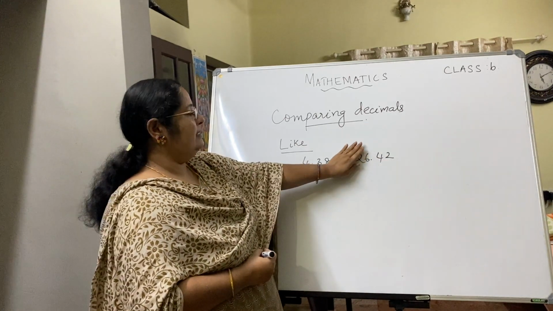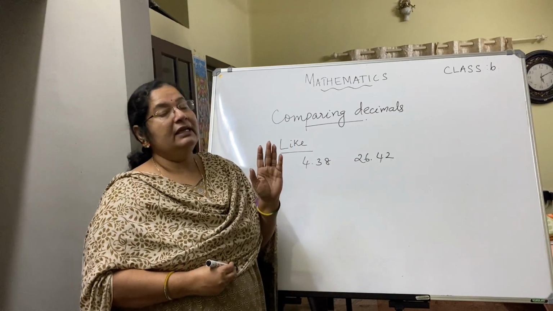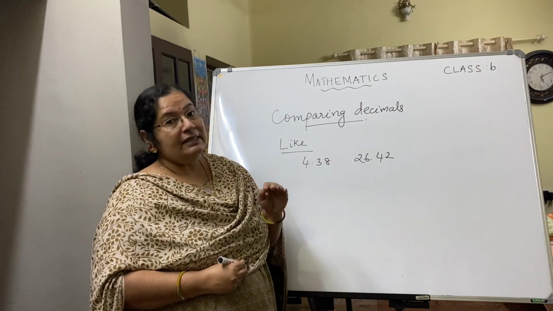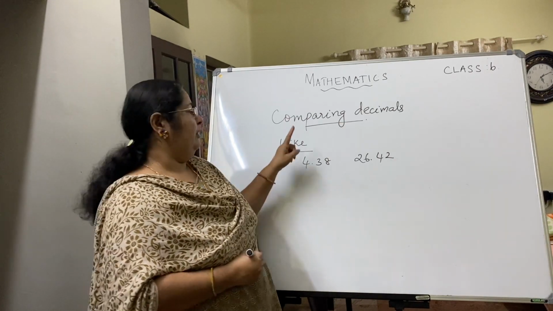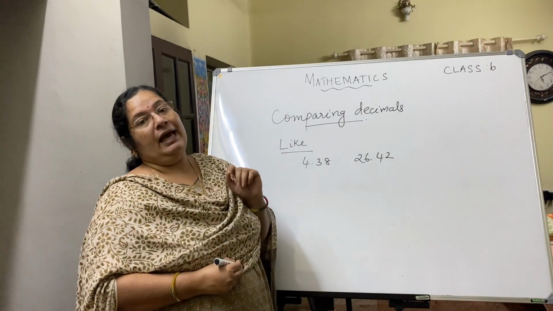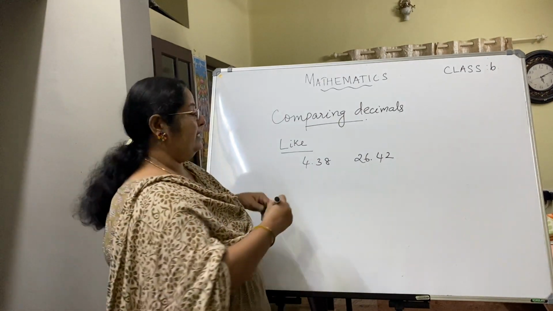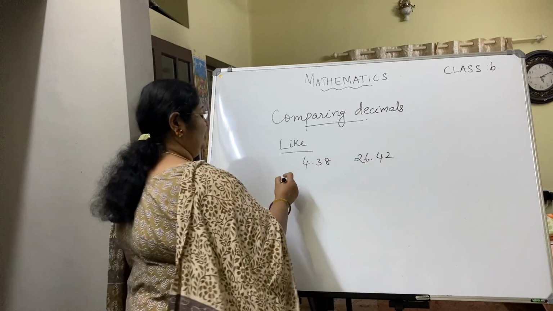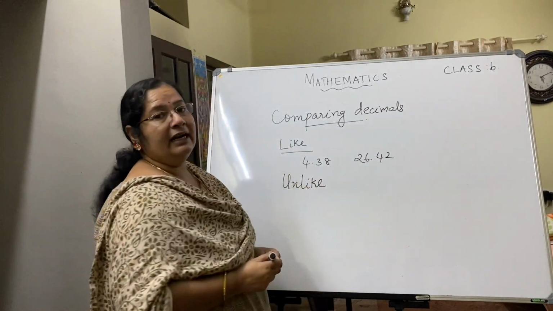So the whole number part does not matter to us. We are only concerned with the decimal part. So decimals having the same number of decimal places, we call them like decimals. And if they don't have the same number of decimal places, we call them unlike decimals.